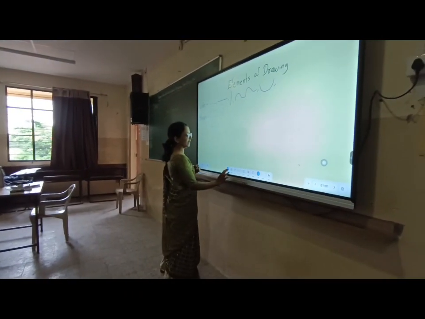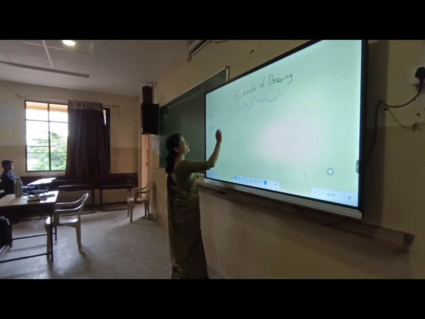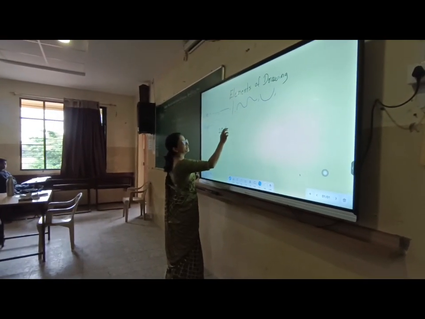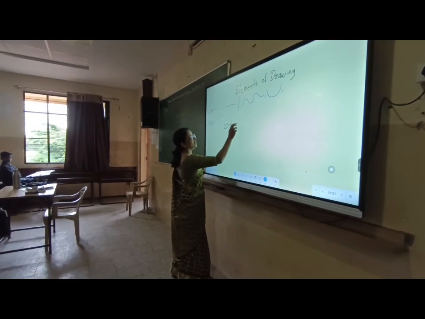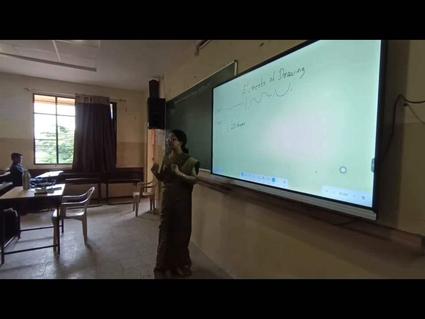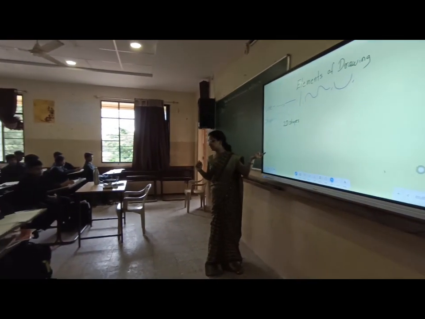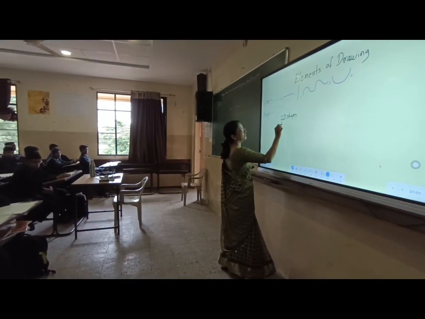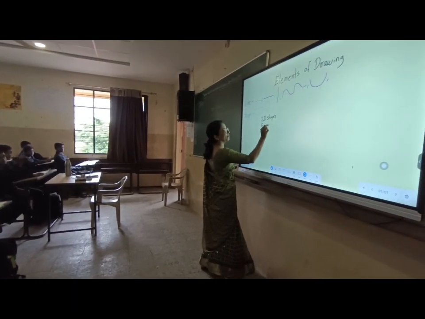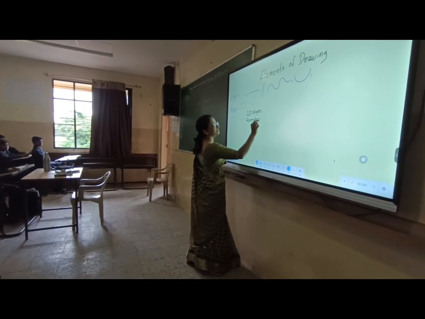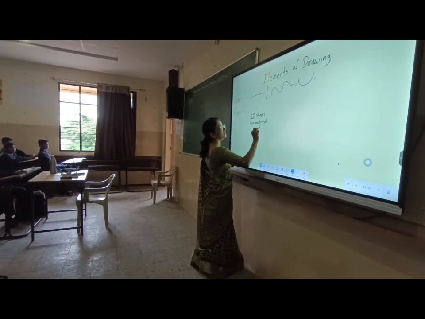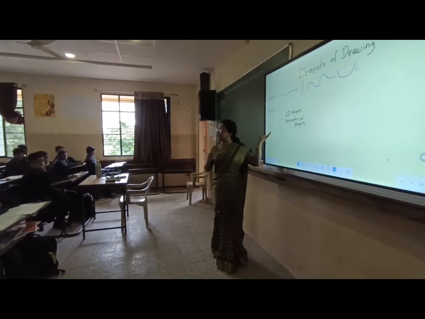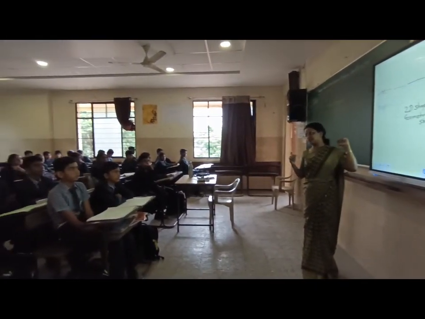And another thing we can call them is geometrical shapes. So these are 2D shapes and also geometrical shapes.